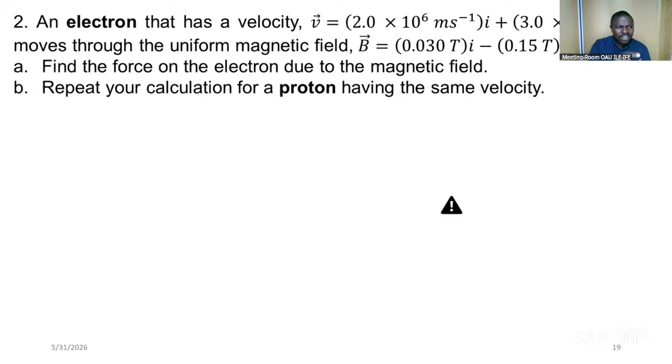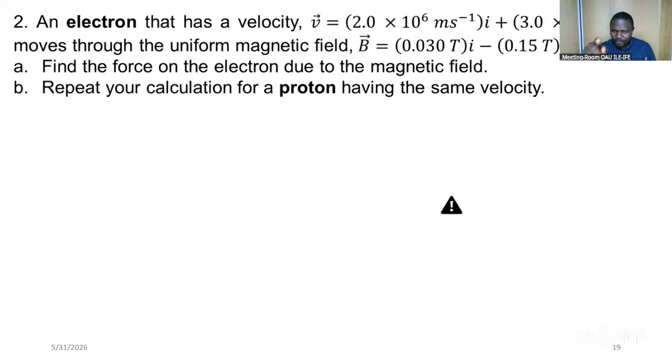And it is moving through a uniform magnetic field in the x direction and y direction. If you look at the figure I showed you earlier, we have only components x and y for the velocity. That is, i is x and j is y.